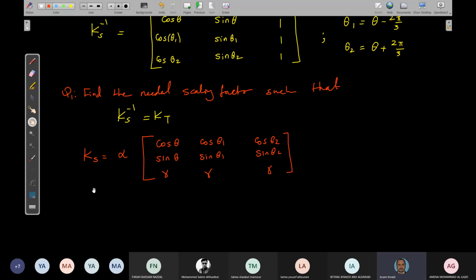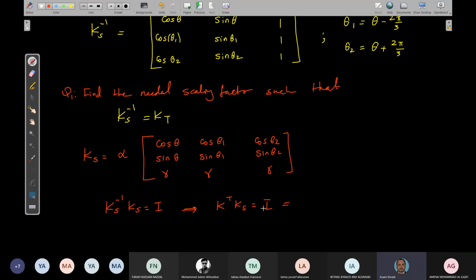If I can find such a factor, then Ks inverse multiplied by Ks is equal to the identity matrix, correct? So under this assumption, K transpose multiplied by Ks is equal to the identity matrix.